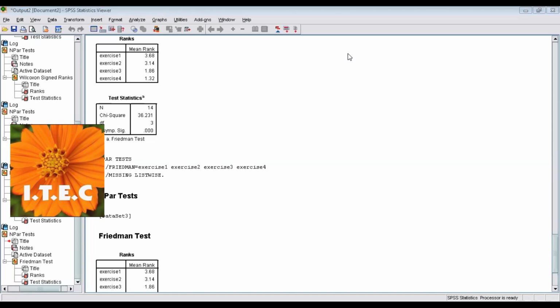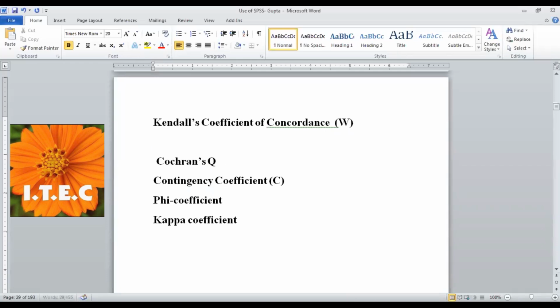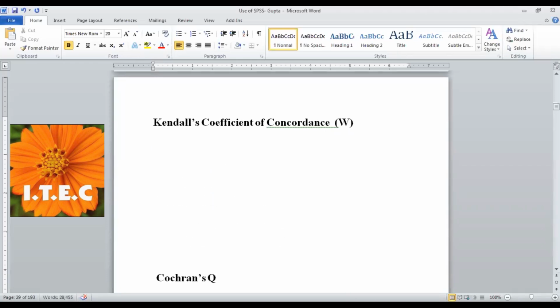So tomorrow I'm going to take with you the Kendall's coefficient of concordance. This is for correlation, association. Kendall's coefficient of concordance, it is for association.